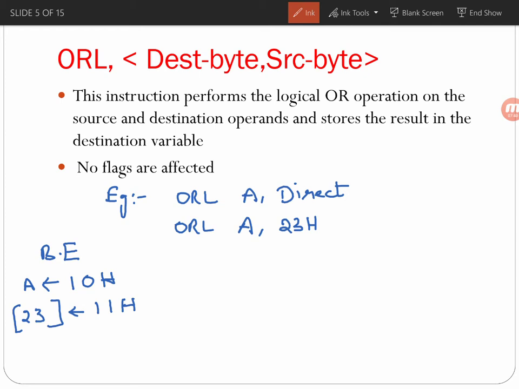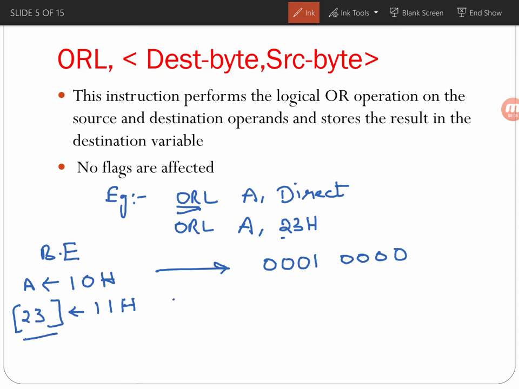Now ORL A, 23. The content of the accumulator, 0001 0000, is ORed with the content of the internal RAM location given by direct, which here is 23.